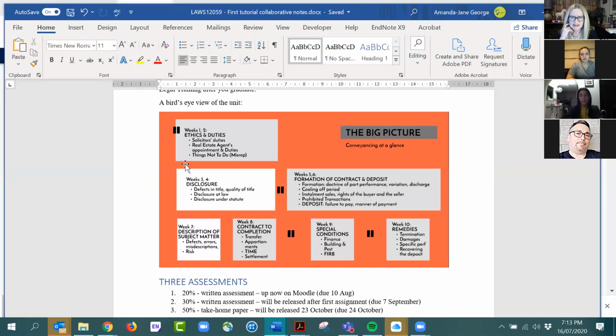So that is the text we will be using. The authors are all eminent authors in their field, and very well respected.